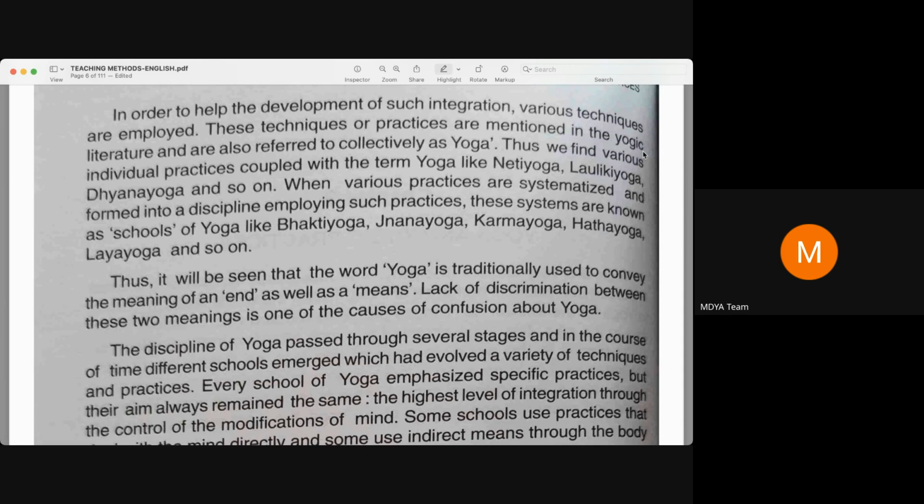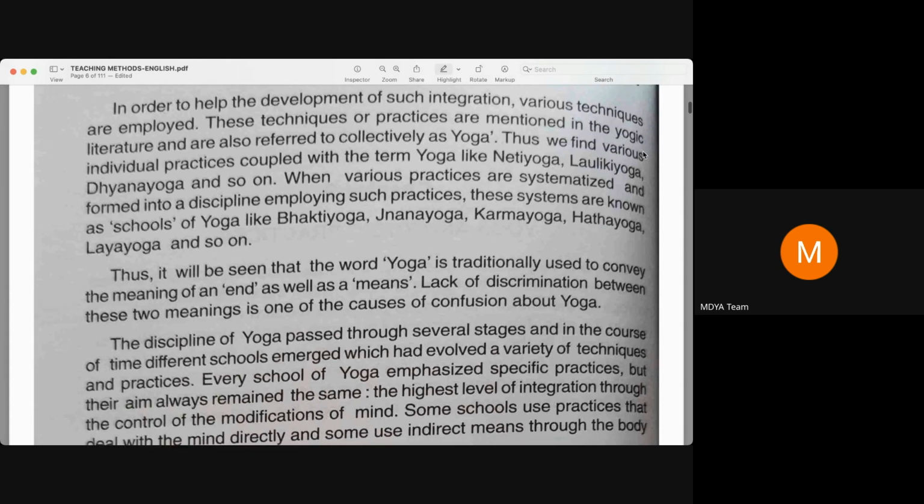Bhakti yoga, maybe Jnana yoga, maybe Karma yoga. When various practices are systematized and formed into a discipline, employing such practices, these systems are known as schools of yoga, like Bhakti yoga, Jnana yoga. So they are termed as various schools of yoga: Karma yoga, Hatha yoga, Laya yoga.